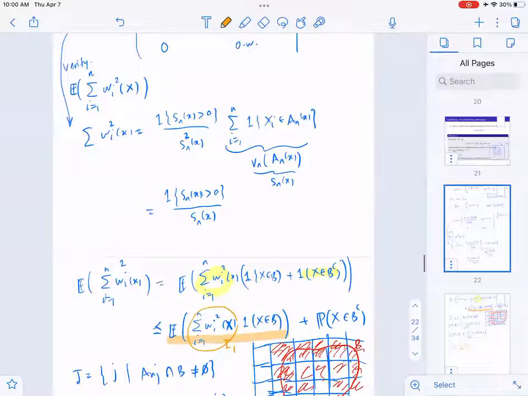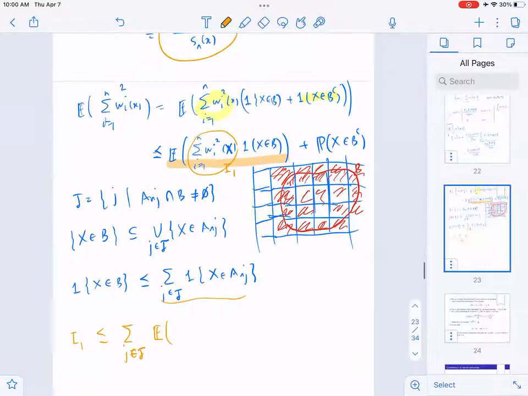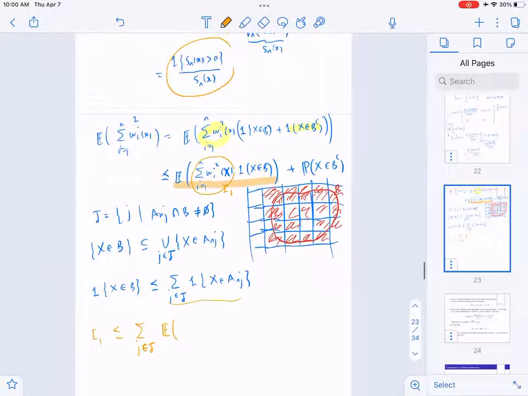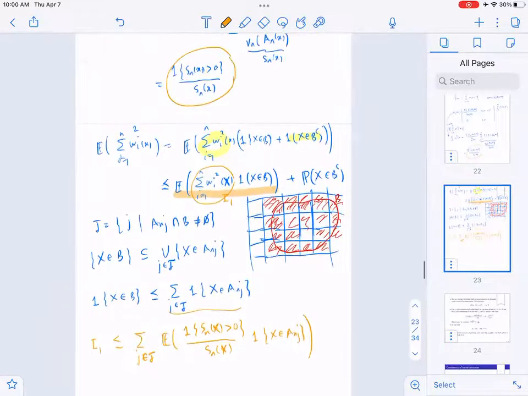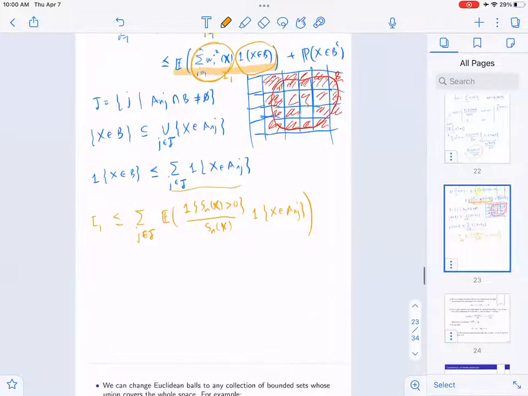So you get the indicator that S_n(x) is bigger than 0, divided by S_n(x), times the indicator that X is in A_nj. We plugged in the formula that we have for the sum, first used this for this, then replaced this with that, and pulled the sum out. Let's see if it makes sense.